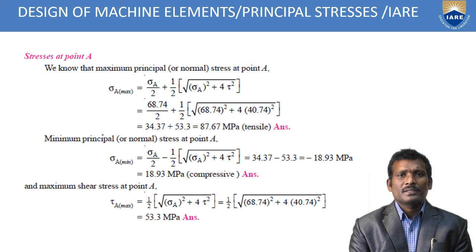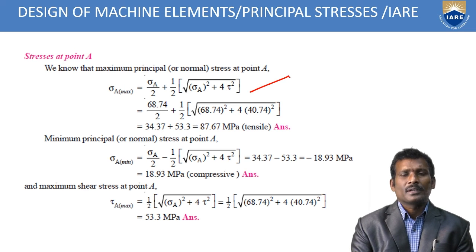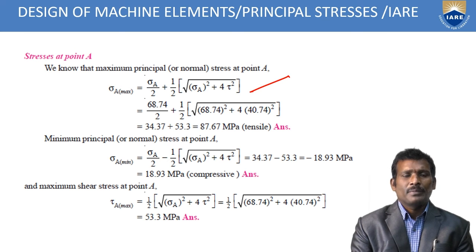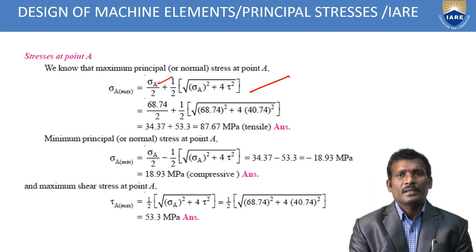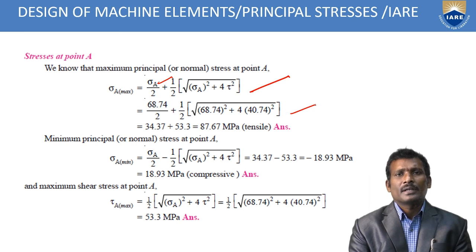So what are the maximum stresses at point A? Need to calculate by using the principal stress relation. Sigma A maximum is equal to sigma A by 2 plus the square root. Sigma A means here at point A, the resultant stress acting at point A. So substitute those values in this equation, you will get the maximum principal stress.